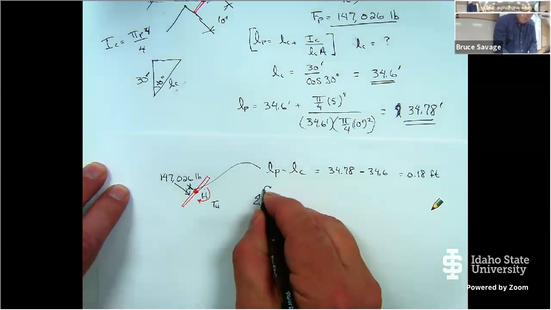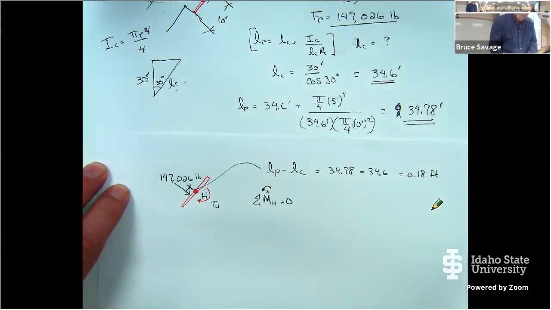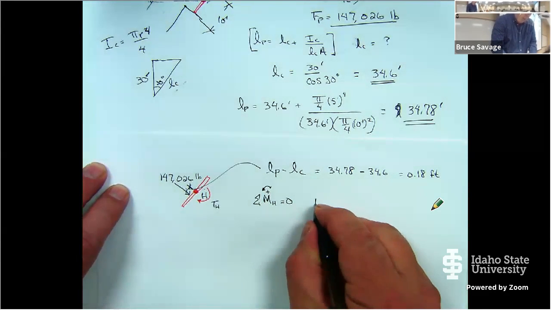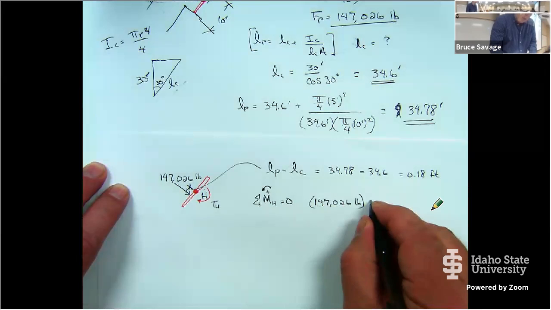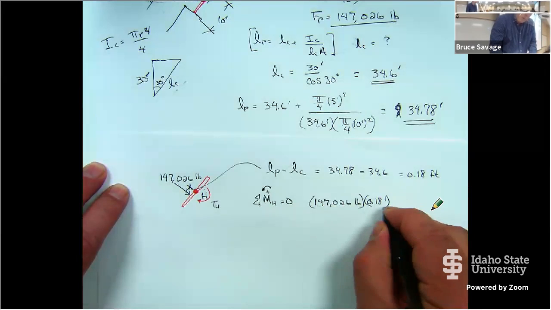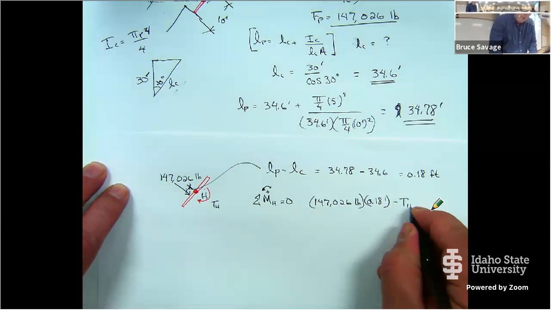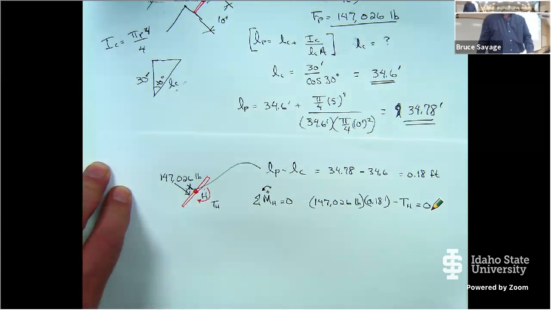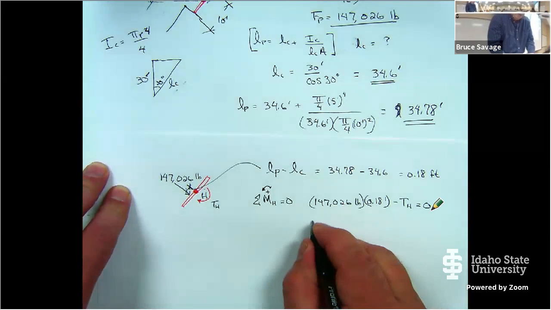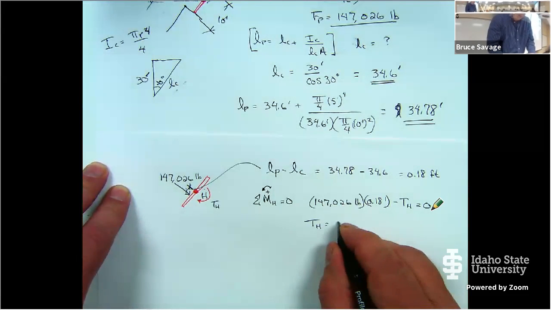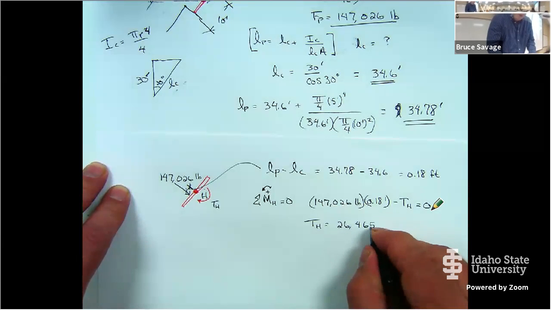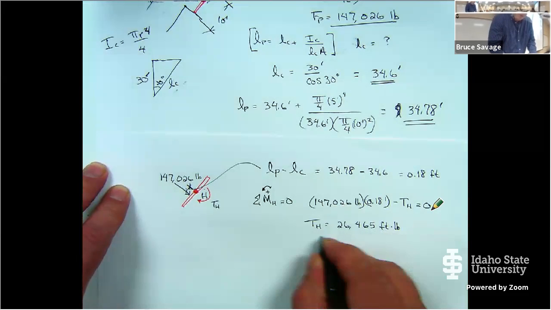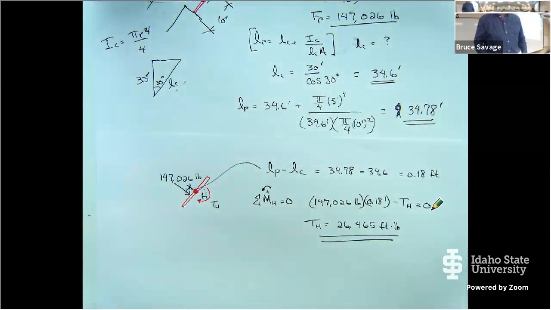If I use the standard notation of counterclockwise being positive, then I have 147,026 pounds multiplied by 0.18 feet minus T sub H equals 0, because it's static. Solving for T sub H, I find that T sub H is equal to 26,465 foot-pounds. That's the kind of torque I have to apply to keep that in place.